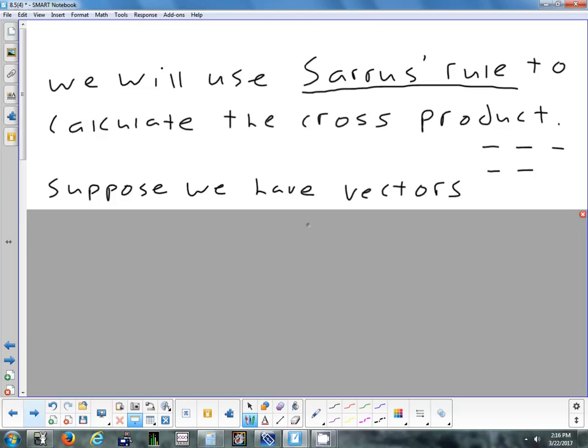Anybody remember what it's called when you put all your numbers in an arrangement like that? A matrix. We just put all our numbers in a matrix.